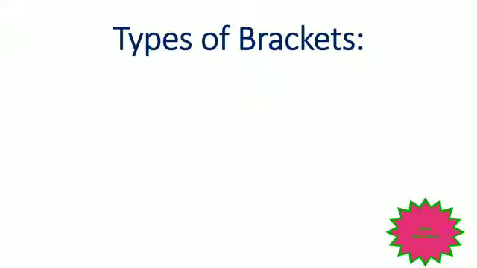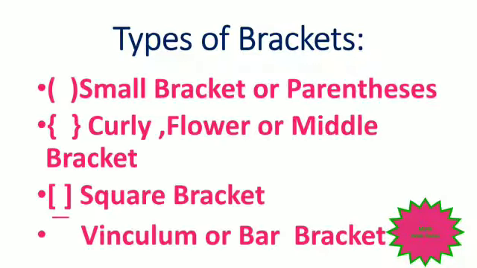Moving on to types of bracket, we will be seeing four types of bracket now. All the images of the four types of bracket have been shown for you in the slide. Please check. Small bracket or parenthesis is our first type of bracket. Second type of bracket is curly bracket, also called middle bracket.